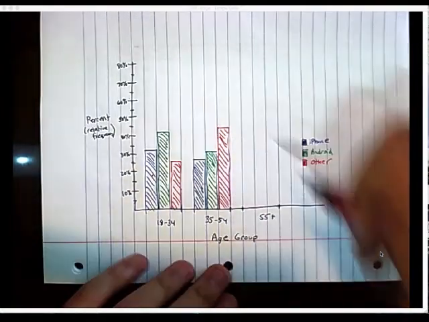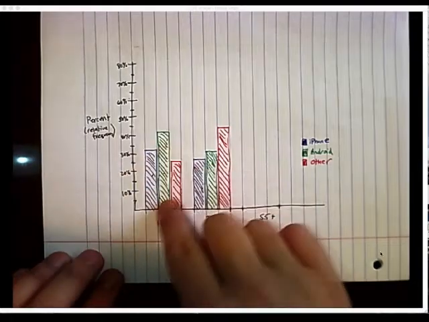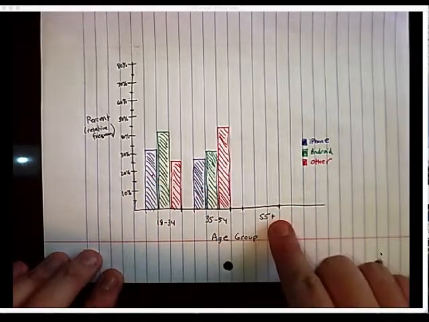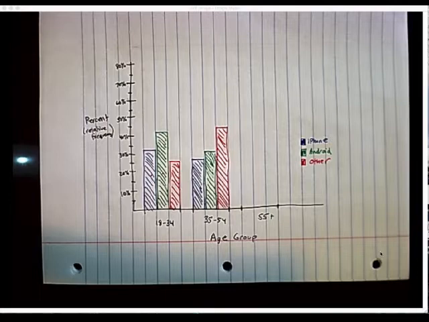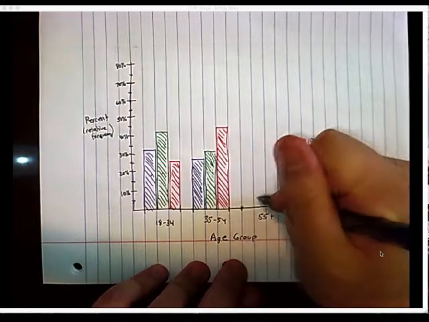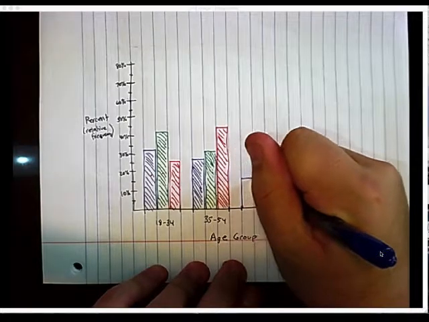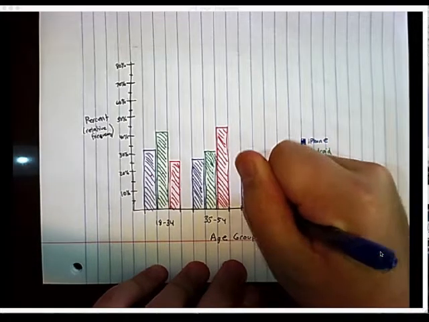Again, this is called a side-by-side bar graph because these bars are side-by-side for each group, in this case for each age group. And in the last group, 55 and over, only 14.6% use iPhones. So 14.6 is a little bit less than 15.